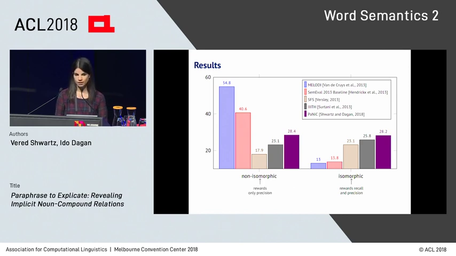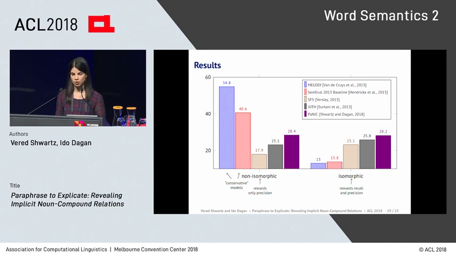The non-isomorphic setting is the more relaxed setting. It expects the systems to produce only the top-ranked paraphrases, and it doesn't care about the order. So basically, it rewards only precision. So what happens here is that we outperform the two other baselines that perform well in the isomorphic setting. But there are two other models. One of them is the SemEval baseline, which are rather conservative models.